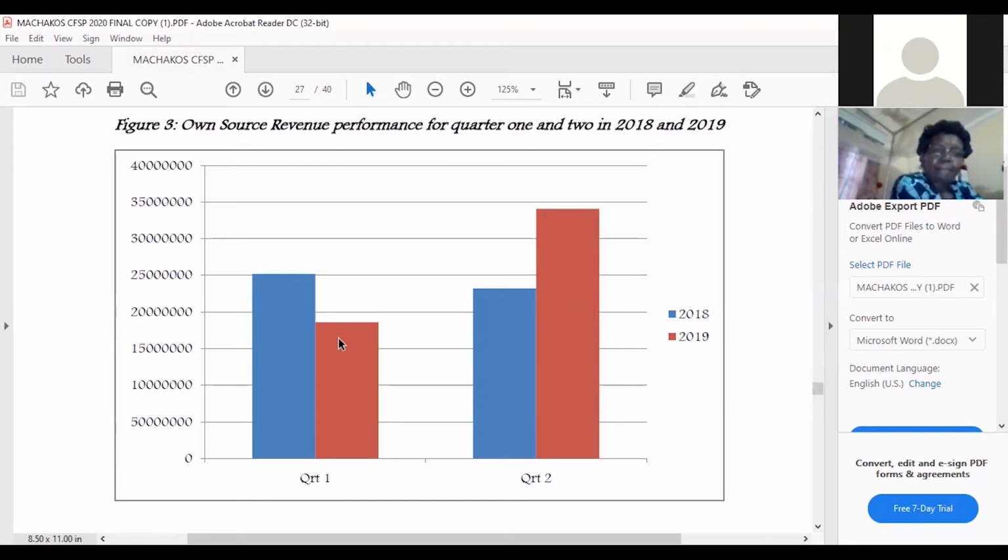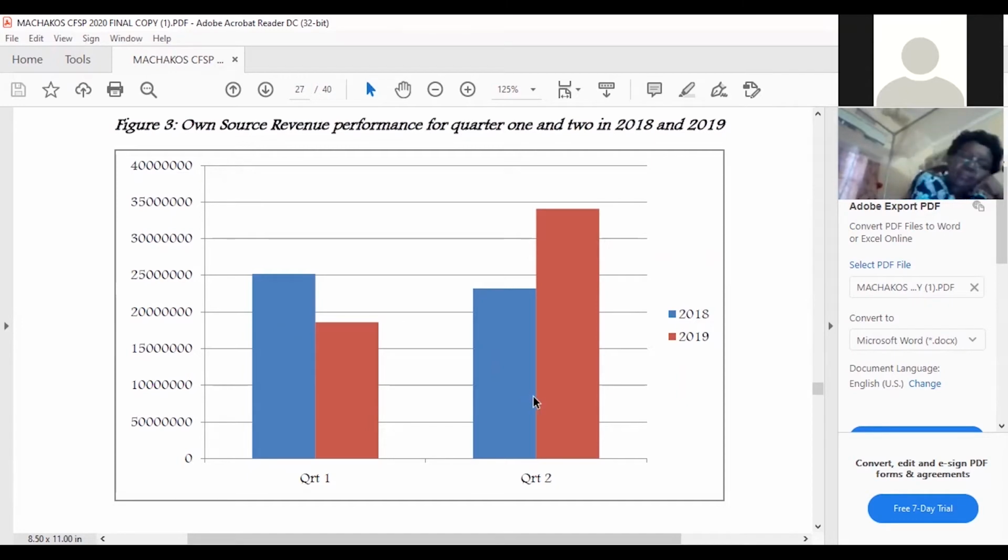So you can see there was a difference between quarter one of 2018 and 2019. In 2018 they collected more, but in 2019 they collected less. Quarter one is July, August, September, the first 3 months of 2018 and 2019.